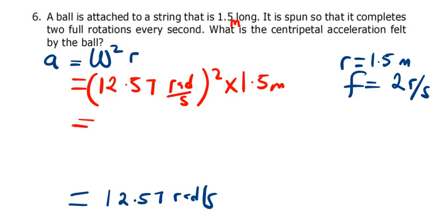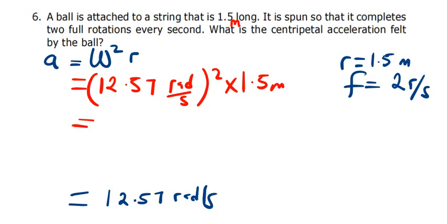We are just multiplying 12.57, which I already have on my calculator, by 1.5. Oh, not really. I have a square here, so I have to first square 12.57.